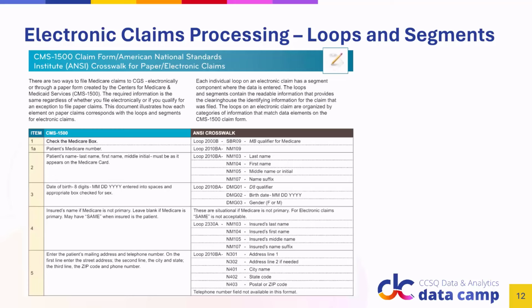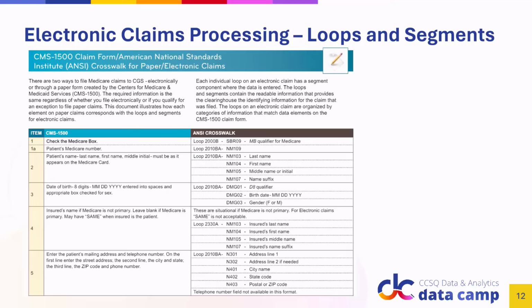Electronic claims processing. So there are two ways to file Medicare claims, electronically or through a paper. And on one of the previous slides, I mentioned that claims have several sections by topic.